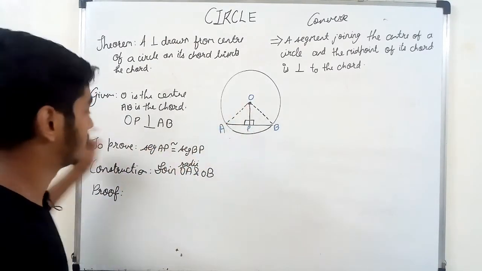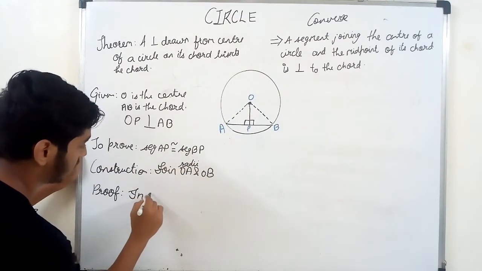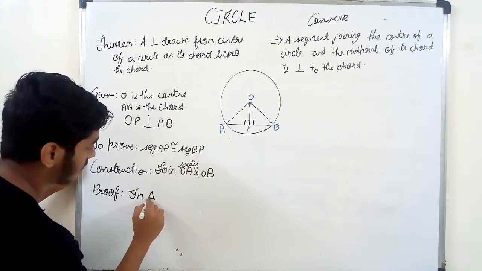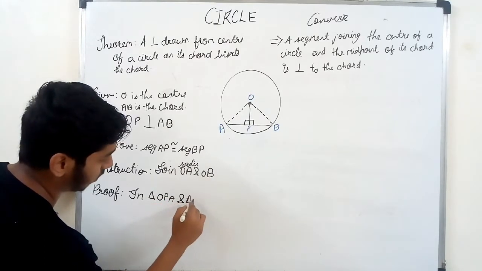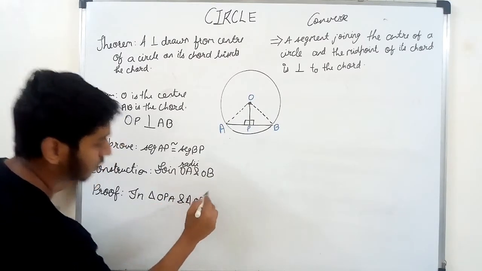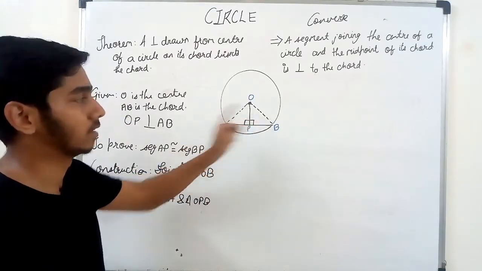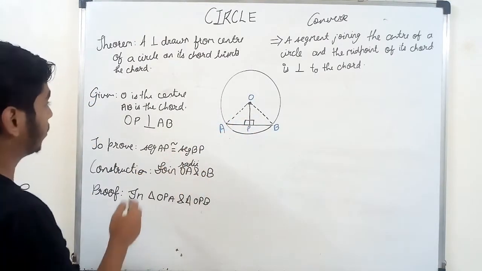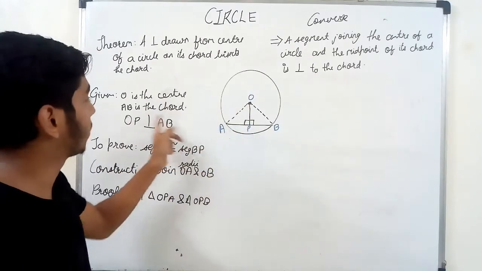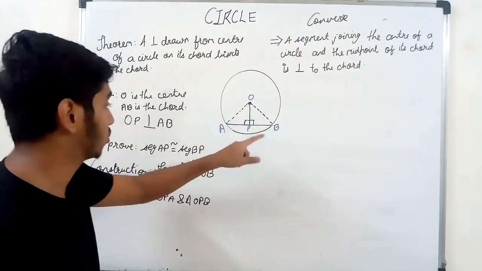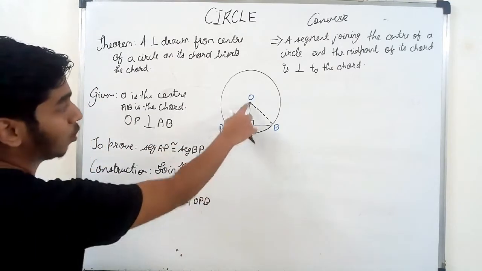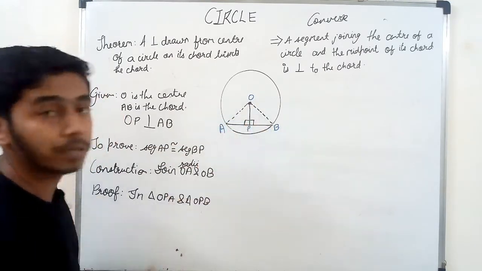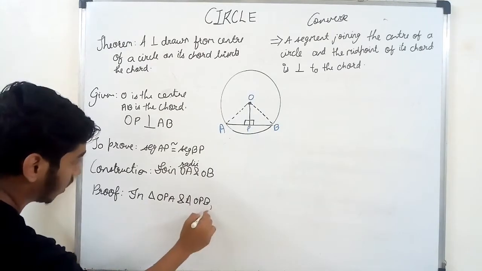Here we'll consider triangle OPA and triangle OPB. We have considered these two triangles. Now, OP is perpendicular to AB. So can I say this is 90 degrees, this is 90 degrees?